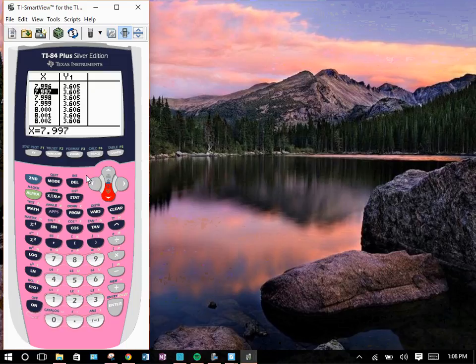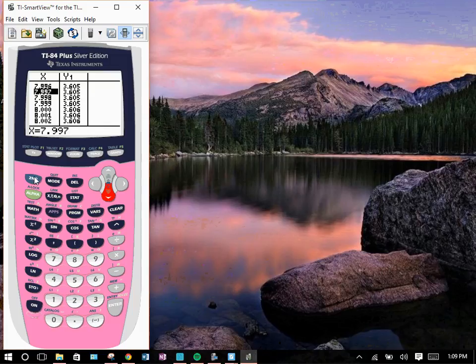As you can see, the left-hand limit is 3.605, and it's getting really close to 3.606.